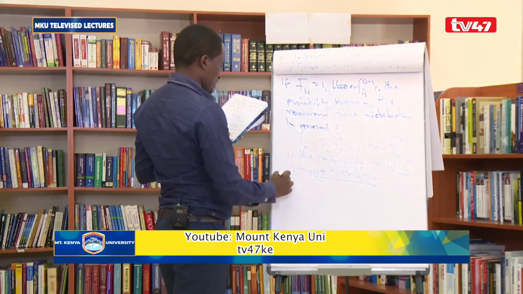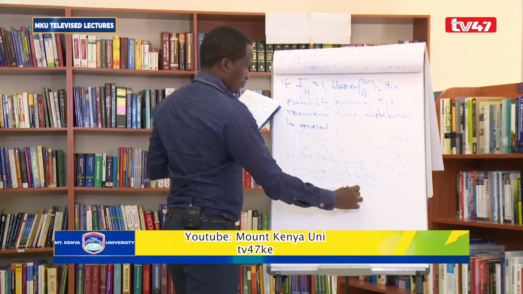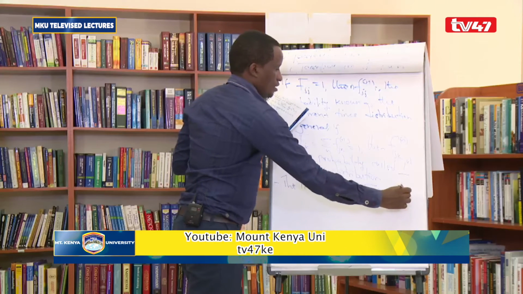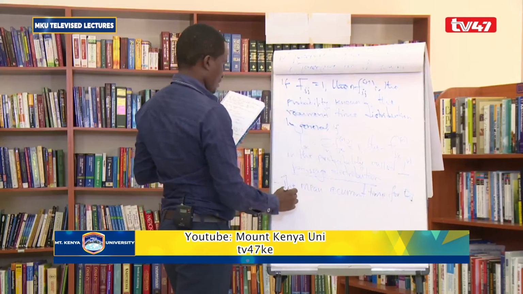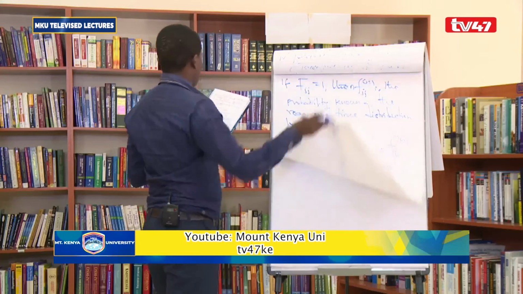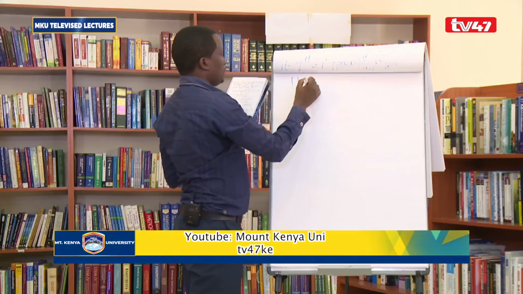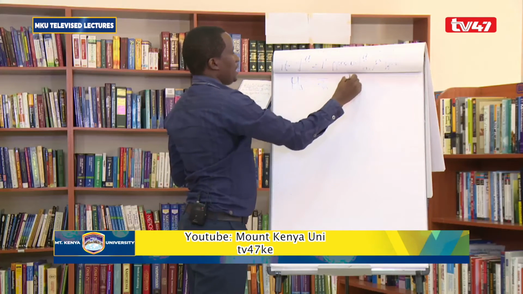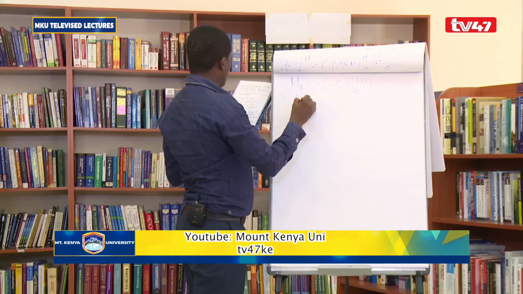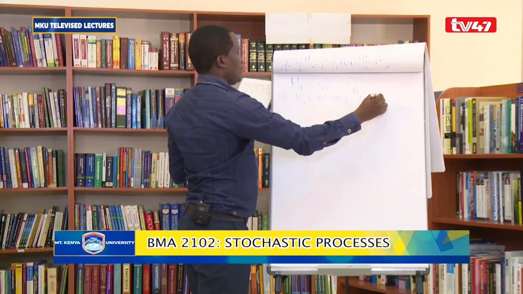The mean recurrence time for state j is given by mu_j, which is equal to the summation over n of n f_jj^(n). If mu_j is equal to infinity, then state j is null.